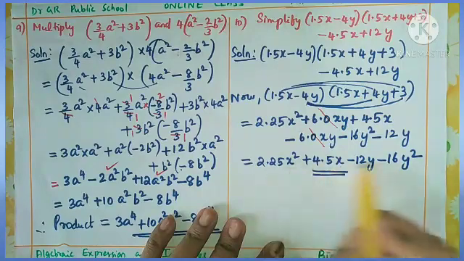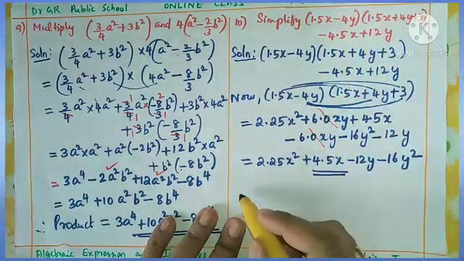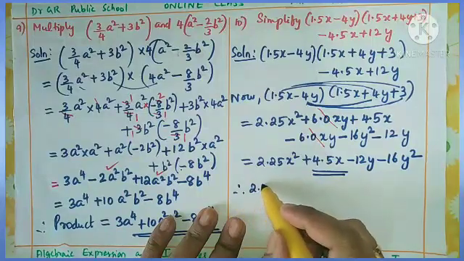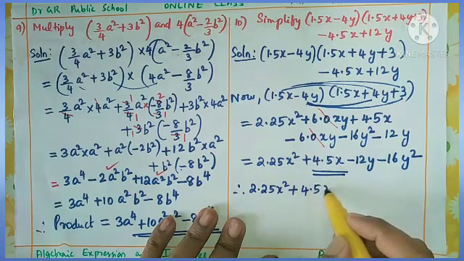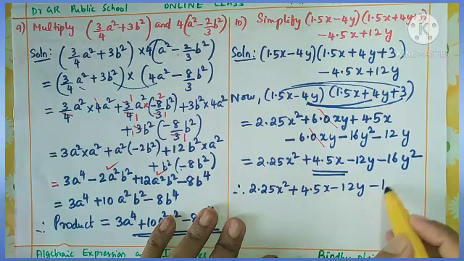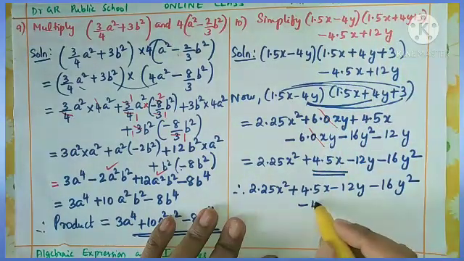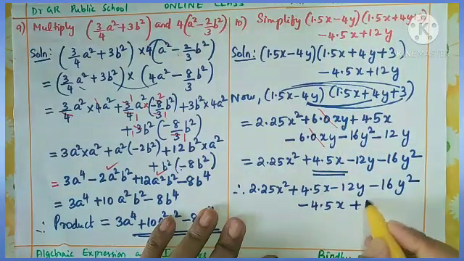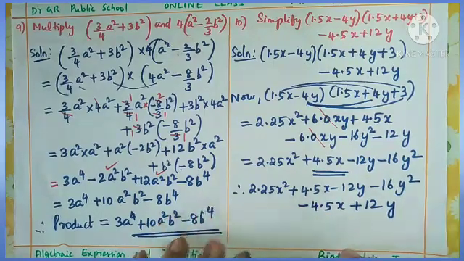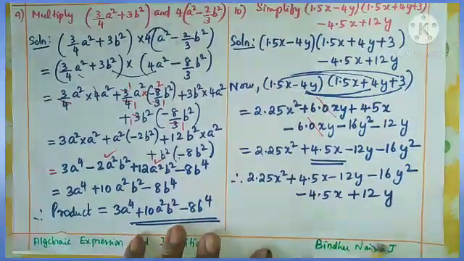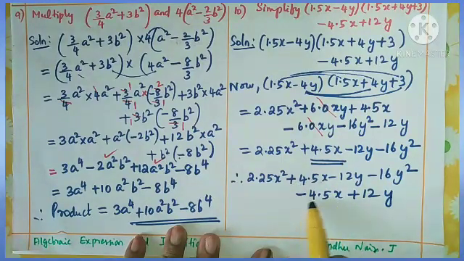Now this answer you want to add with these 2 terms. So therefore 2.25x square plus 4.5x minus 12y minus 16y square. What is the remaining here? Minus 4.5x plus 12y. Yes. So what can you understand from this step? Yes, very easy. You see 4.5x, it is plus, here minus 4.5x.